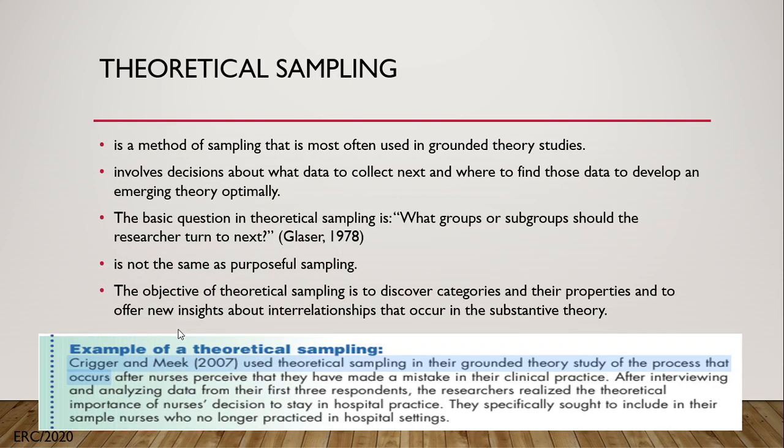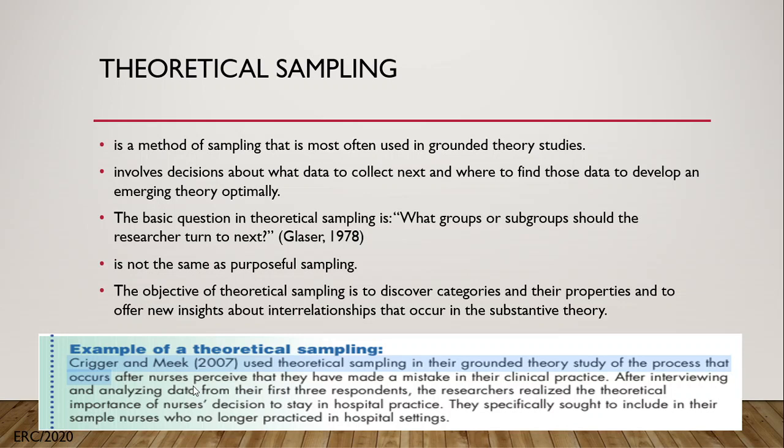Okay, next, theoretical sample. Theoretical sample is a method of sampling that is most often used in grounded theory studies. Okay, take note of that. It involves decisions about what data to collect next and where to find those data to develop an emerging theory optimally.